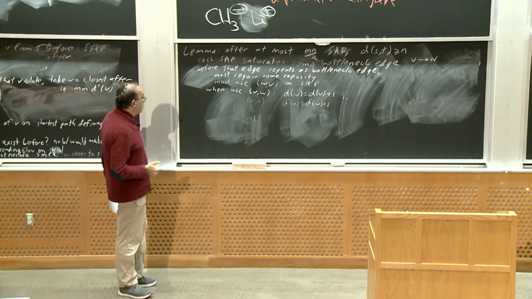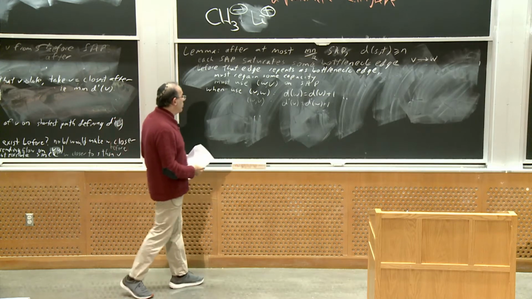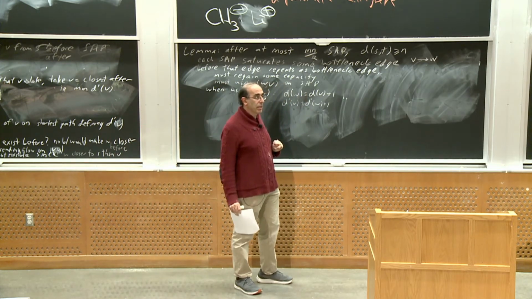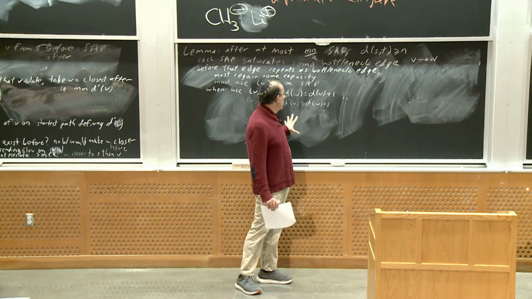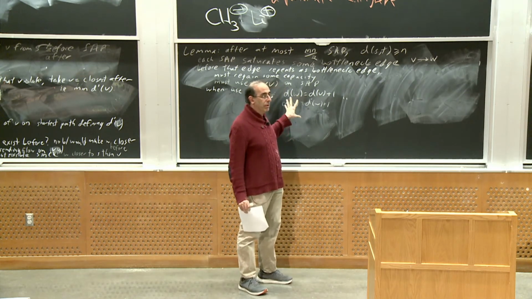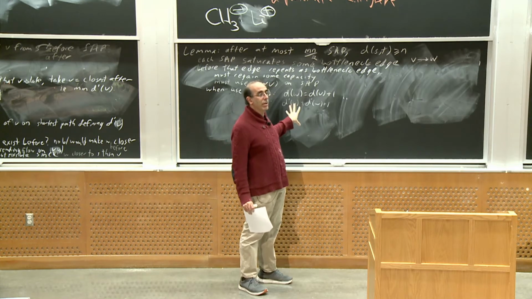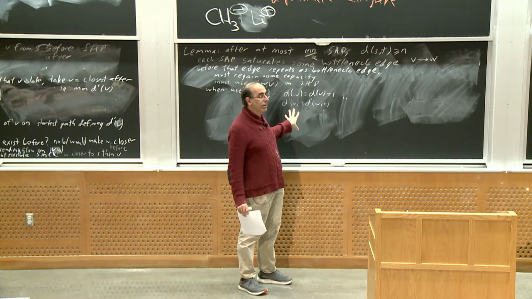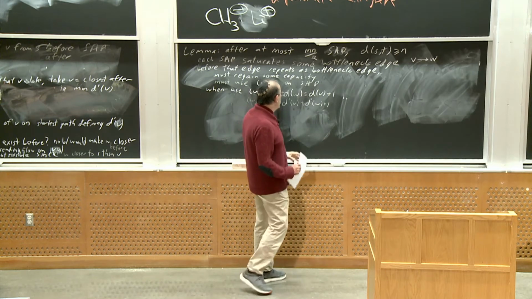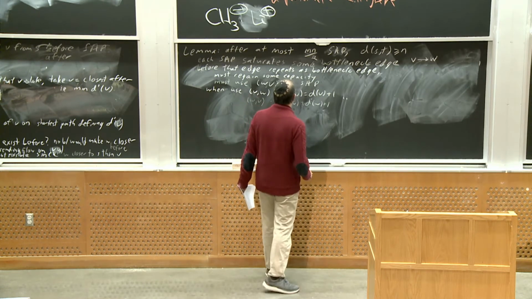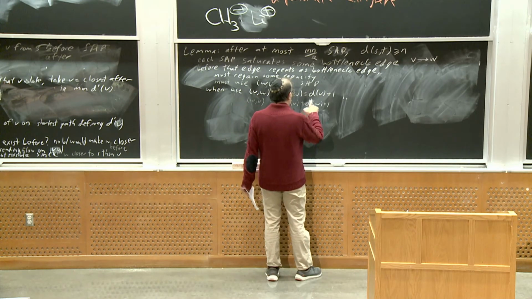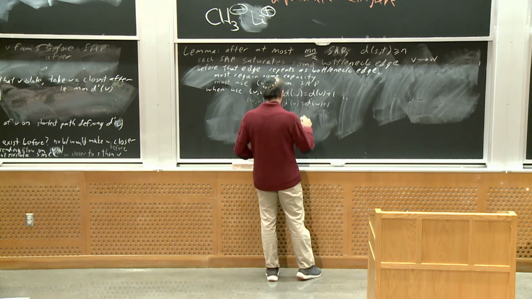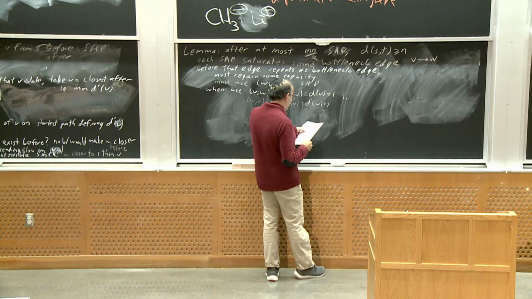But how can this happen? Like, what is the relationship between the primed distances and the unprimed distances? We know that none of the distances ever decrease during shortest augmenting paths, right? So in particular, we know that d prime, let's see, let me get this in the right order.